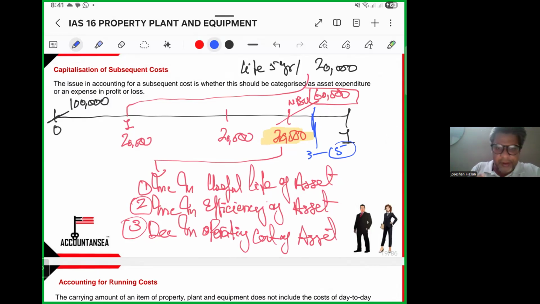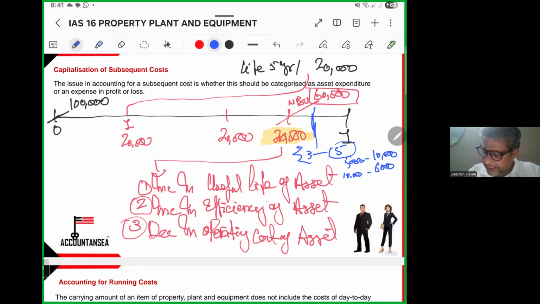Increase in efficiency means before it used to produce 5,000 units and now it's producing 10,000 units. Decrease in operating cost means the electricity expenses or whatever expenses of the particular asset were, for example, $10,000 and now it's $6,000.